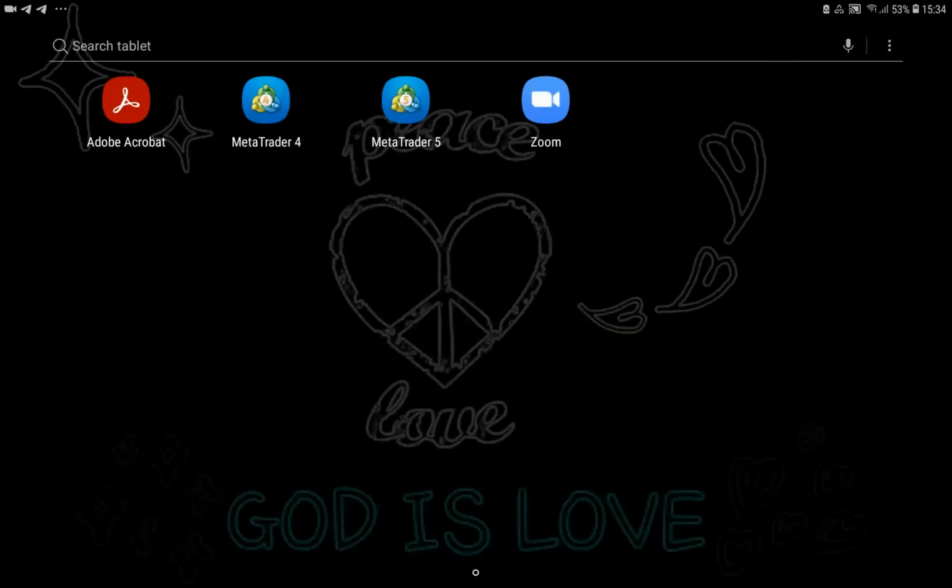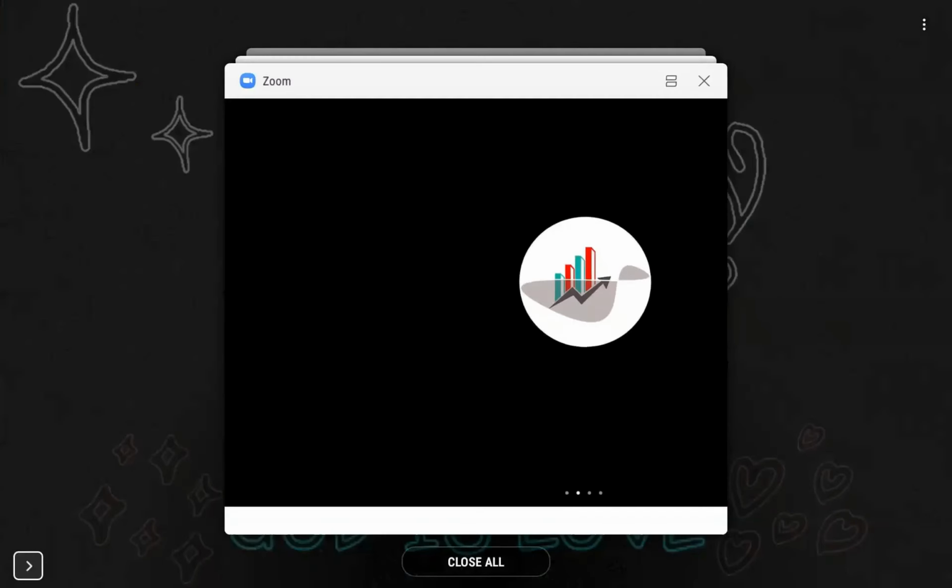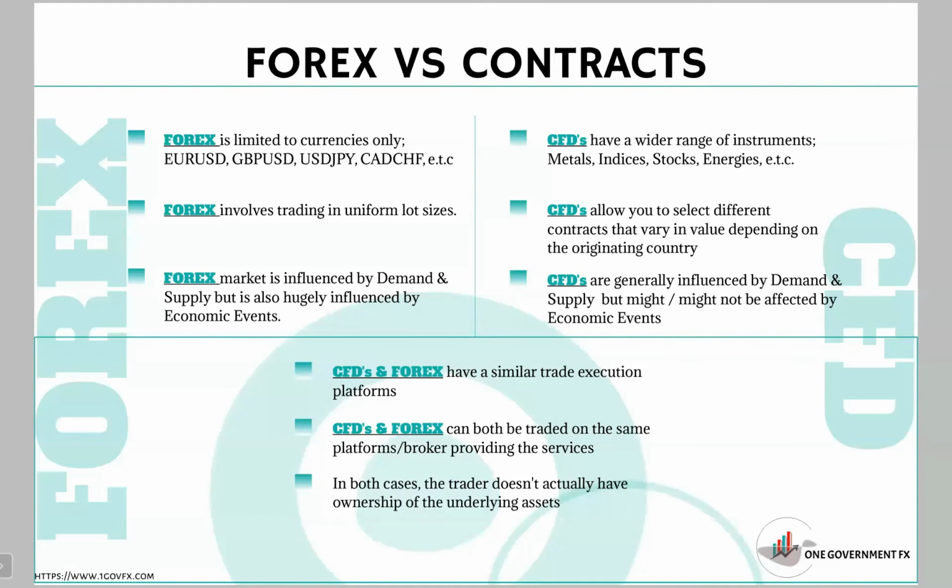So the Forex market is influenced by supply and demand, but it is also hugely influenced by economic events.